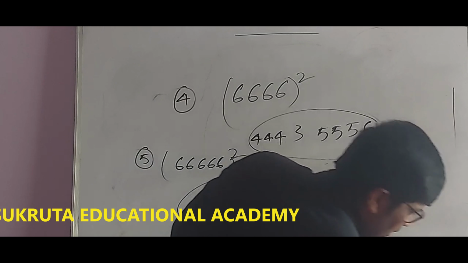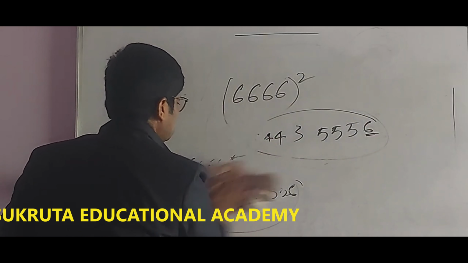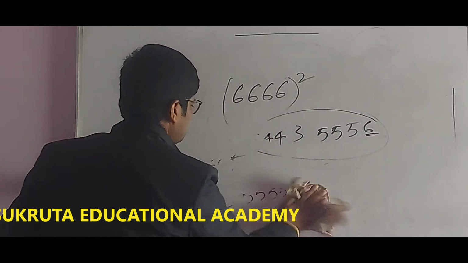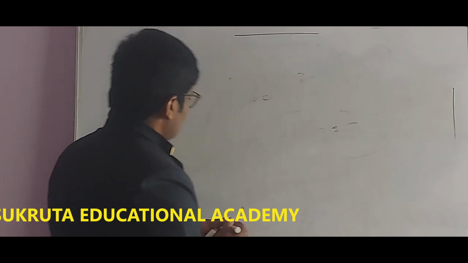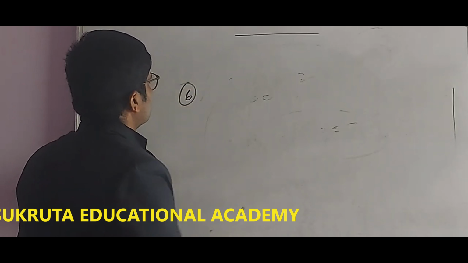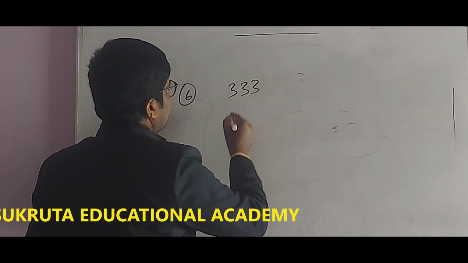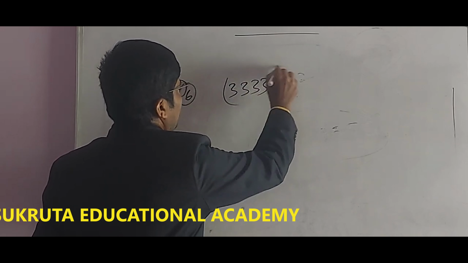One more example we are going to see here, and that is another type. If I take the number 3,333 whole squared this time.